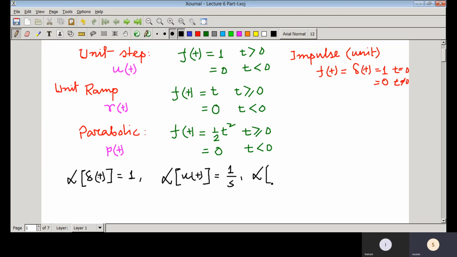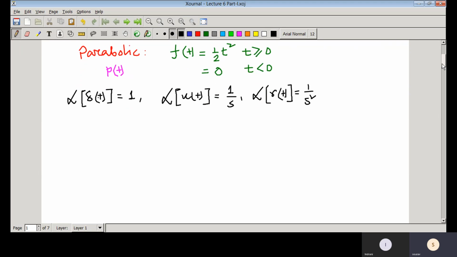Then the Laplace transform of the unit ramp function is 1 by s square. Again, L is the Laplace operator, and L of p(t) equals 1 by s cube.